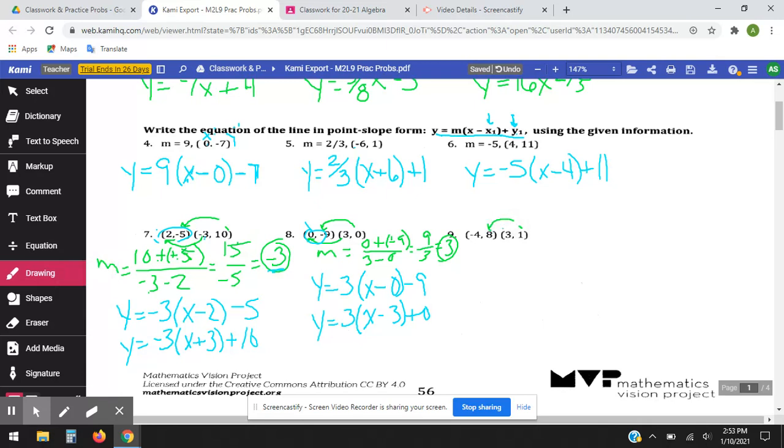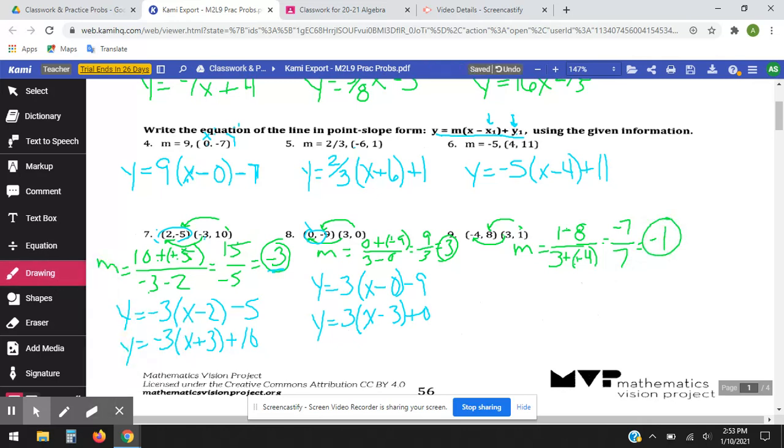All right, last one. Need to subtract to get our slope. m equals 1 minus 8 over 3 minus -4. So that gives me a -7 over, minus a negative is plus a positive, 7, which equals -1.